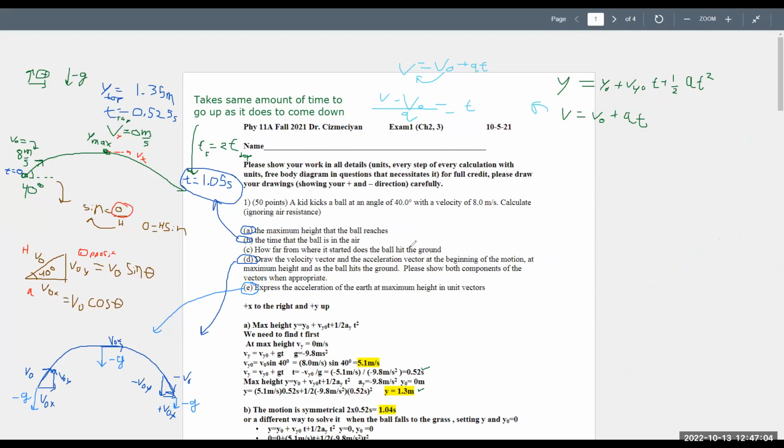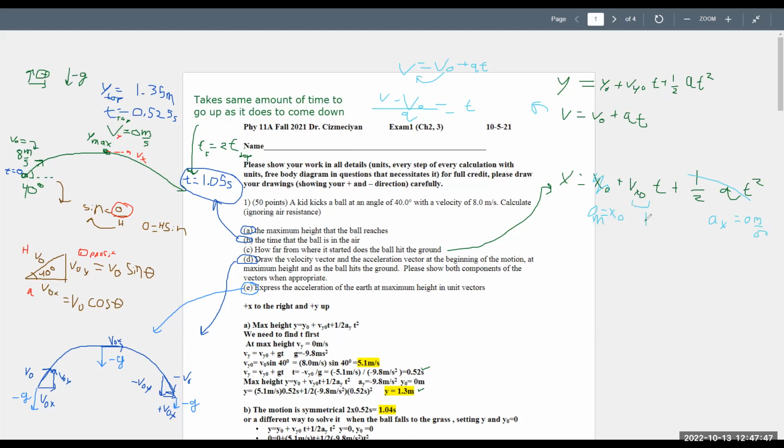From here, you're going to use x is equal to x naught plus v x naught t plus 1/2 a t squared. And remember that acceleration is 0 in the x direction. That's 0. Your x naught is also 0. I should probably write units, meters.